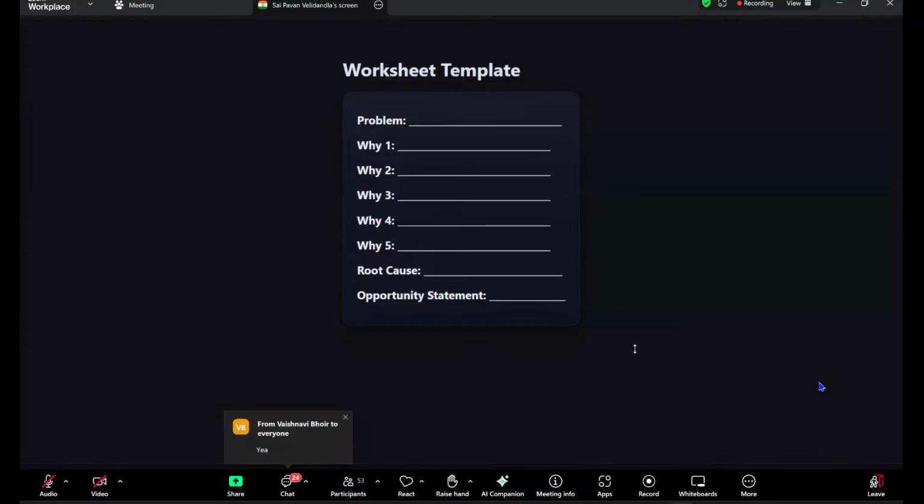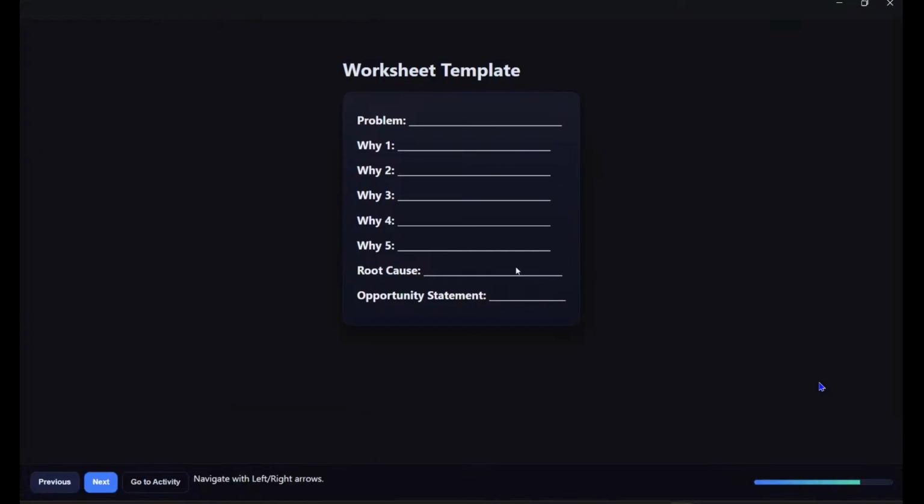I just want every one of you to take 5 to 10 minutes of time and let us at least build one worksheet. Let us try and solve one problem, and let us build one solution today. So please take 5 to 10 minutes, fill the worksheet template, and paste it over there in the chat.